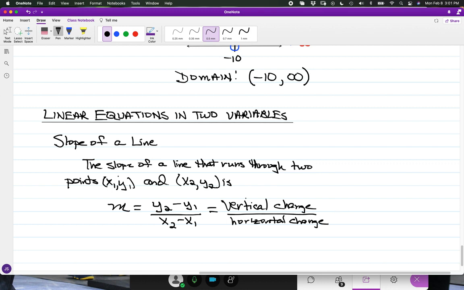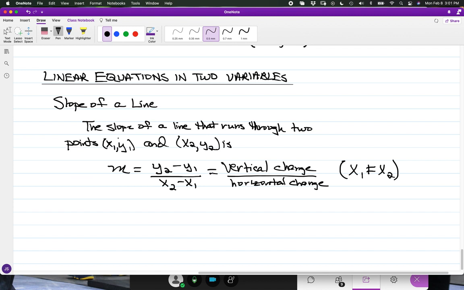And for x₂ minus x₁, again, for the slope to be defined, the bottom part cannot be equal to 0, again, for the slope to be a real number. And just some things to mention now. Technically, x₁ and x₂ cannot be equal.